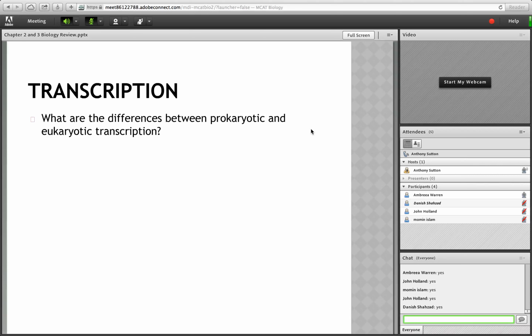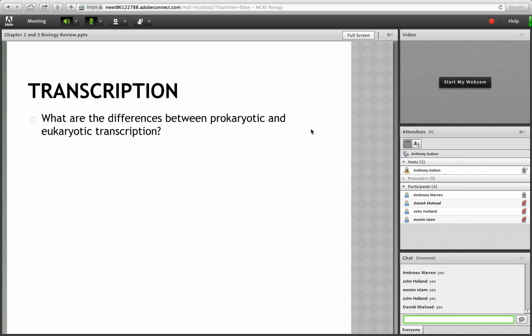Well, both prokaryotes and eukaryotes use an RNA polymerase, so that's not a difference. There is something different about it though. Not sure? Okay.